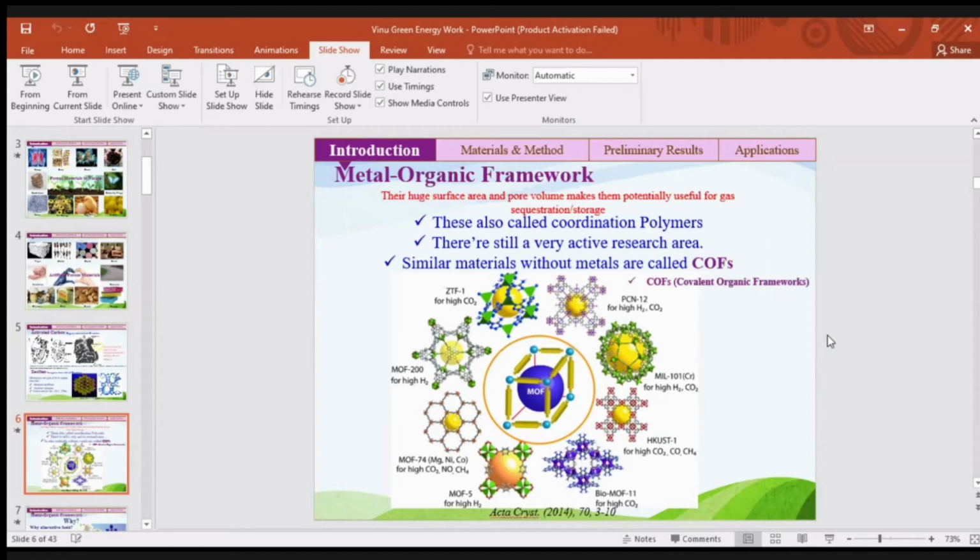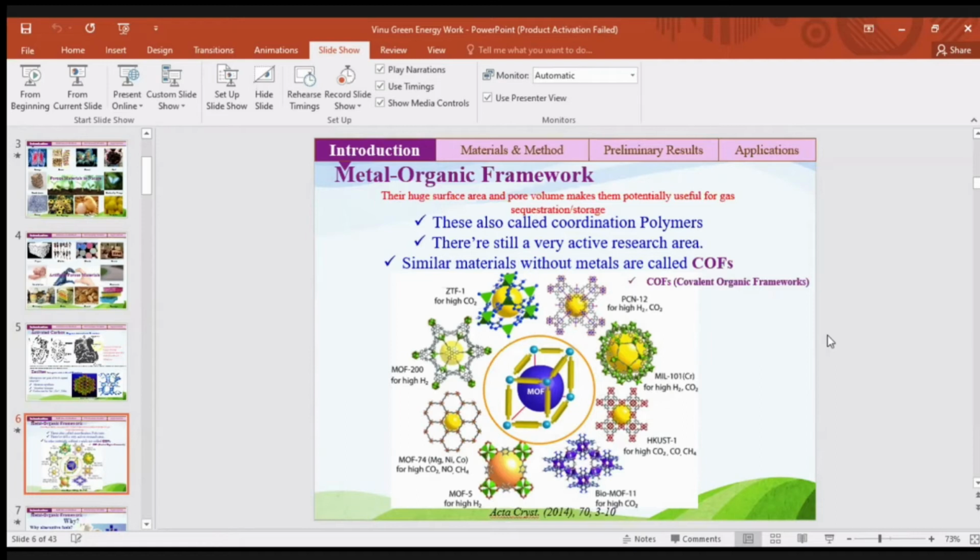Before we know about coordination polymers, this is the traditional method. From this traditional method, they created some porous materials. It is still a very active research area, a growing field right now. Similar materials without metals are called COFs, the covalent organic frameworks.